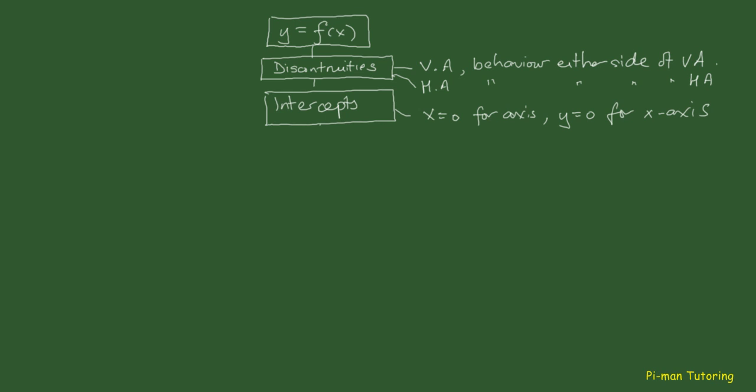The next thing we're going to do is calculate f dashed of x and get the critical points. And that means f dashed of x equals 0 or does not exist.